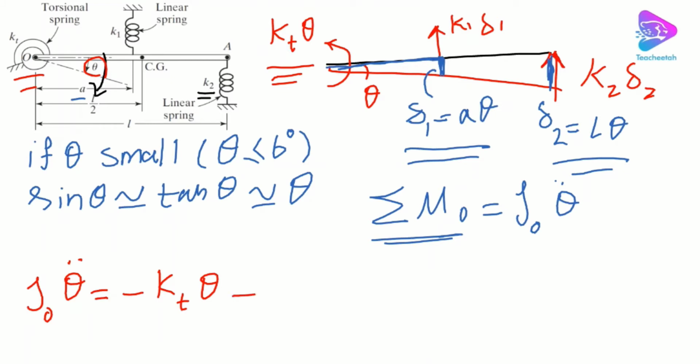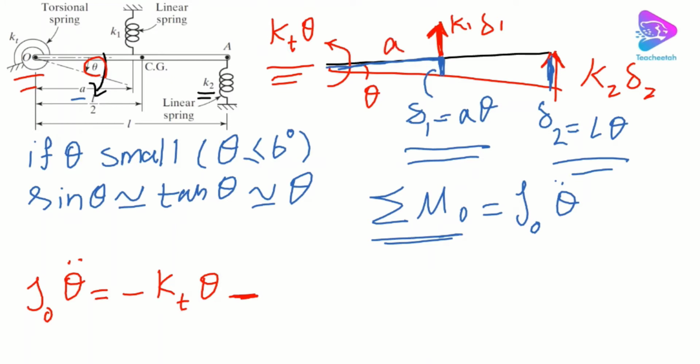Minus the other force and the resulting moment from the first spring. So this force is basically creating a moment which is again against the rotation of motion. That's why we have this minus here. So we have k1 delta 1 times the arm of moment, which is A, right?